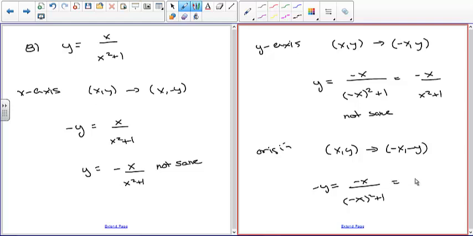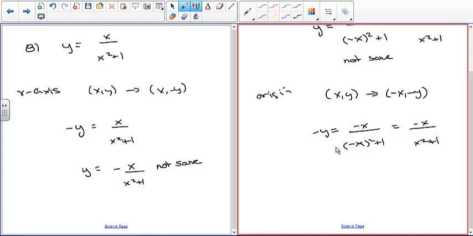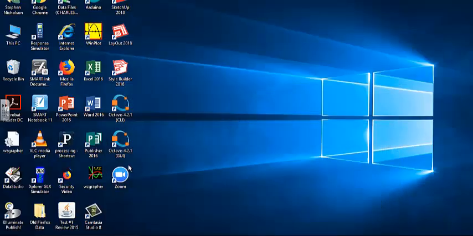So that gives you negative x over x squared plus 1. Multiply both sides by negative 1, you get y equals x over x squared plus 1. So they are the same. So in this case, it is symmetric around the origin. And to prove that, we're going to plot it.